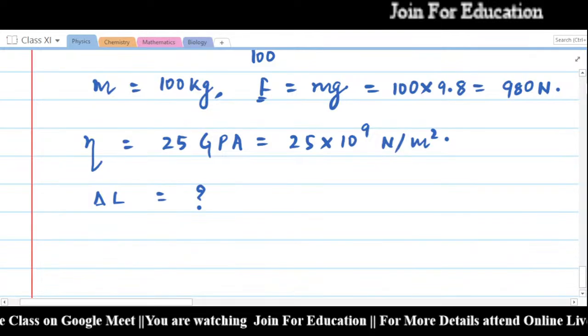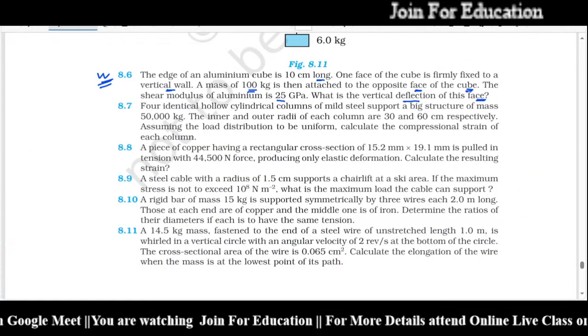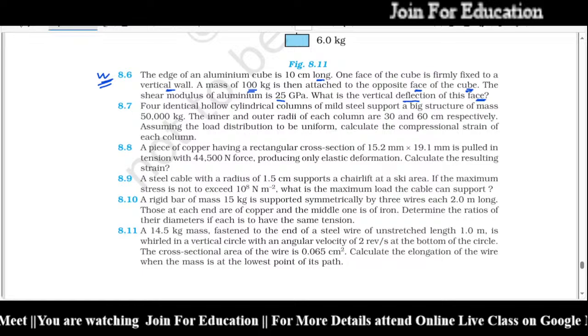Now I am going to open the textbook to clear the figure.